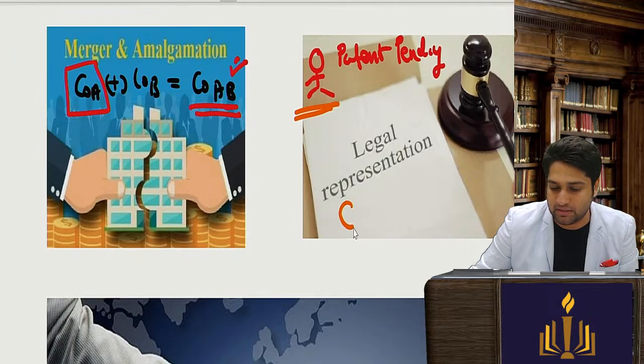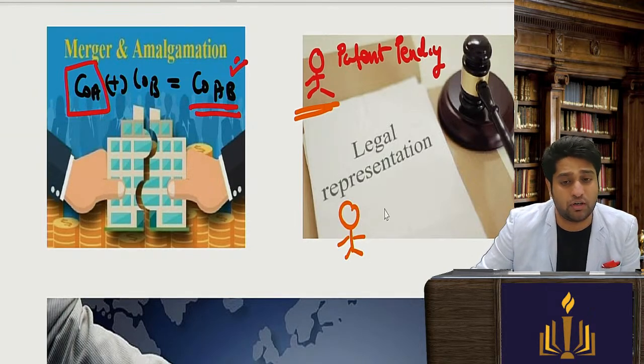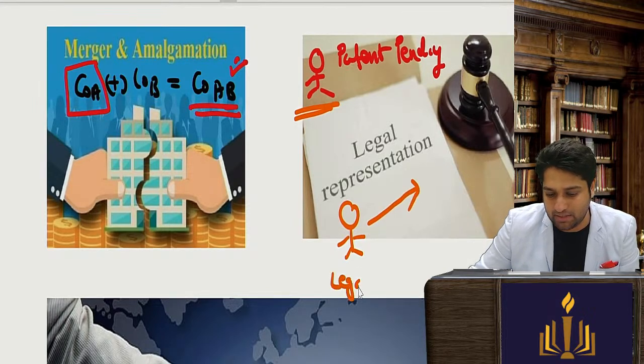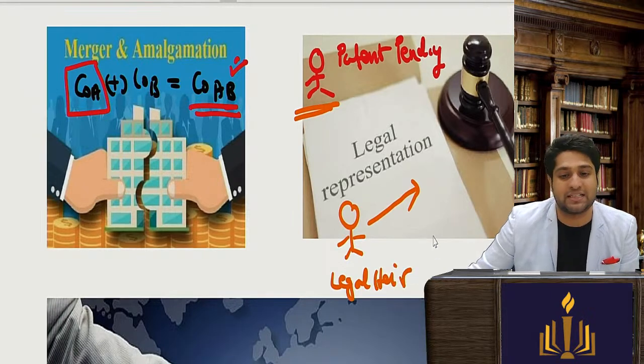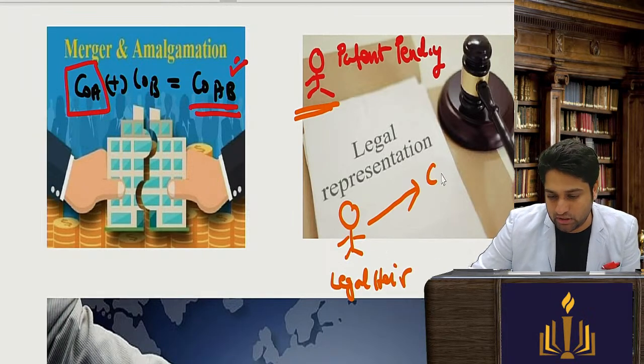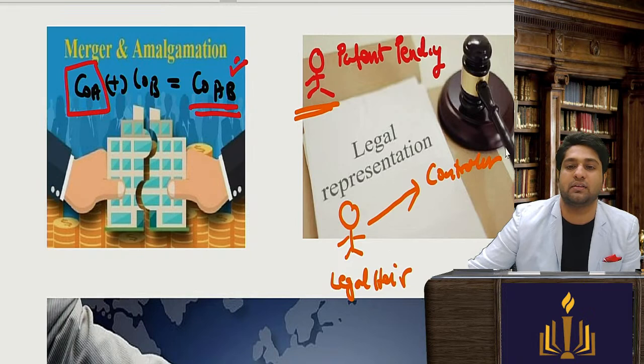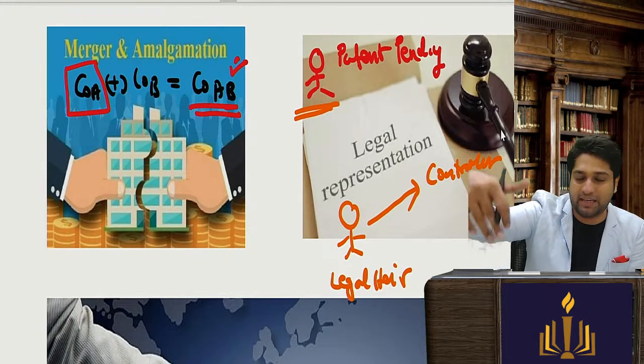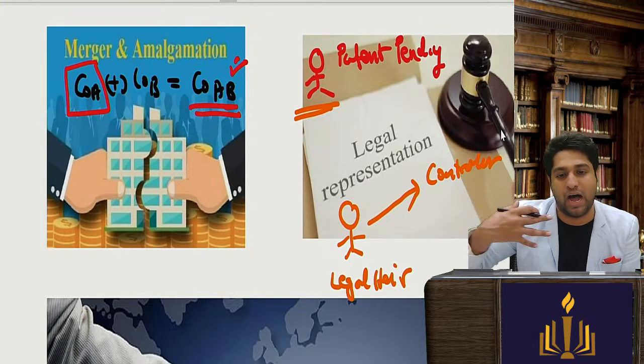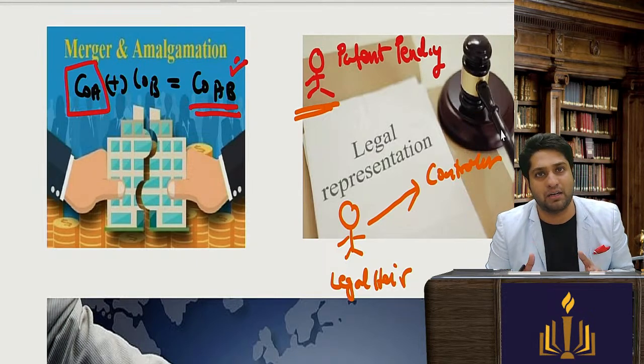Then what will happen? The controller will grant, first of all, the legal heir, the legal claimant, the successor, will make an application to the controller that listen, the application was filed by them, but now I am the entitled claimant.